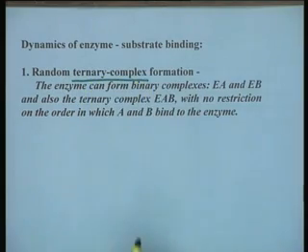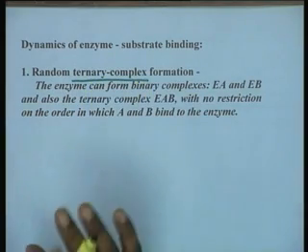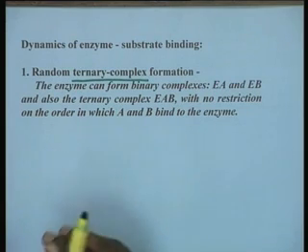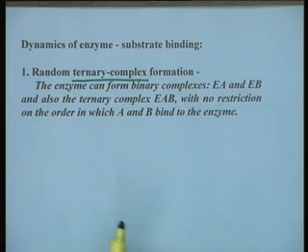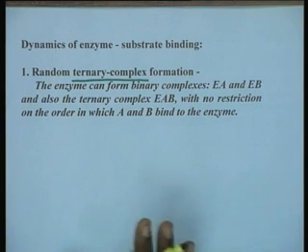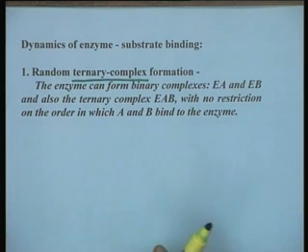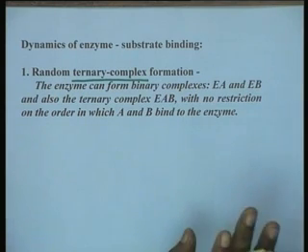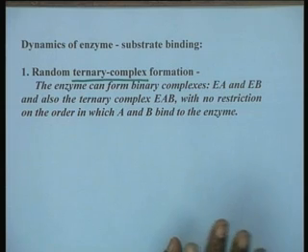Mind you, when I talk of ternary complex formation, I am referring to a ternary complex formed before the product is formed. In the case of a random ternary complex formation, the enzyme can form binary complexes EA and EB to start with, and also the ternary complex EAB, with no restriction on the order in which A and B bind to the enzyme.